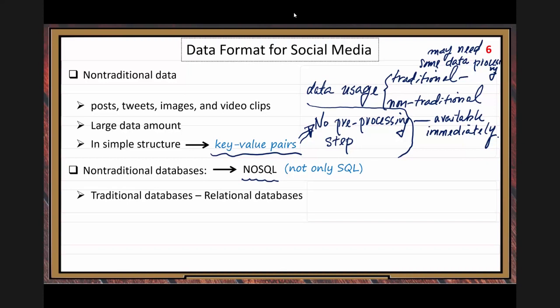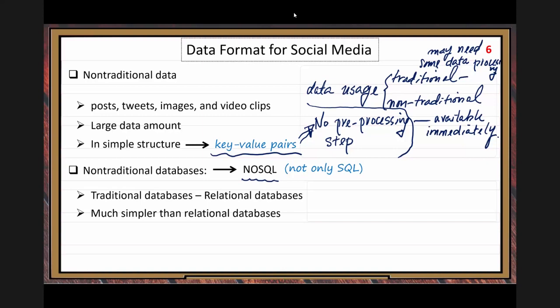So you need to understand the main difference between these two types of data. Non-traditional is much simpler than relational databases. The structure is much simpler, and the query is also much simpler, because the structure is so simple. You do not try to explore relationships. If you need to explore relationships, then you need to switch to traditional databases. Just use the social media data in a straightforward way.